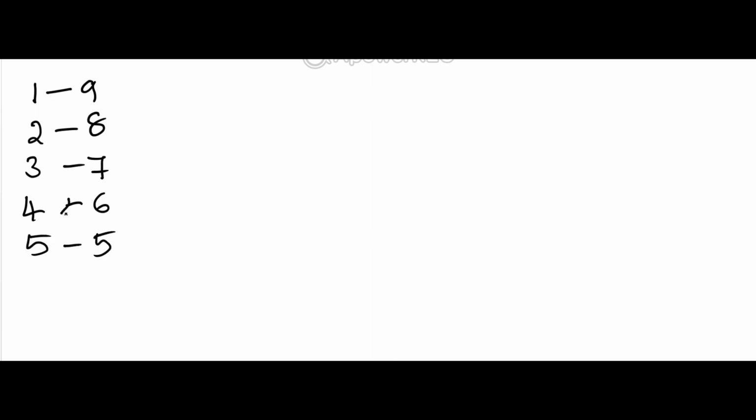Next, 6 is 4, 7 is 3, 8 is 2, 9 is 1. These are the complements. We have to remember 10 and 0. Now we can do addition in just seconds. You will be surprised to know.